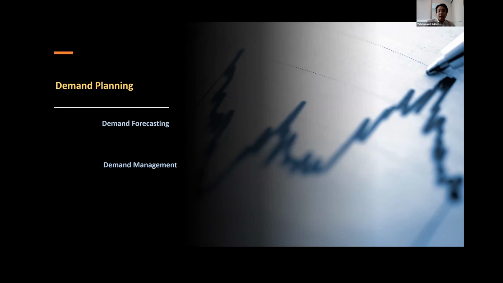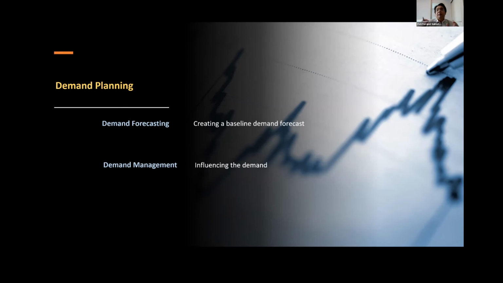So what is demand forecasting? Demand forecasting is for us to create a baseline demand forecast. So what is the baseline demand forecast? I will get back to that in a bit. Let's talk about demand management first. After you create the baseline demand forecast, you then might create a plan, what we call the demand plan, by trying to influence some of the demand.